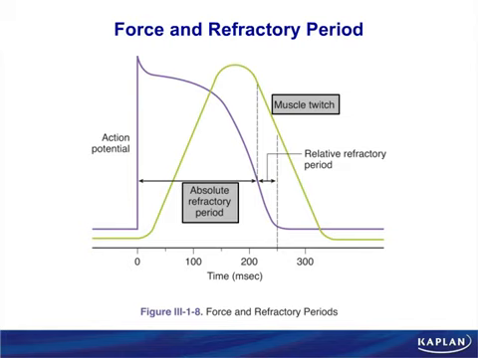I mean, tetany is this sustained type of contraction, and we don't want that in the heart. Even though it's more force, right? Tetanic contraction is more force than a single twitch, because that's maximal summation. There is more force associated with tetany, but it's not good for the heart, because the heart needs to relax in order to refill. So this is very beneficial from a functional perspective.